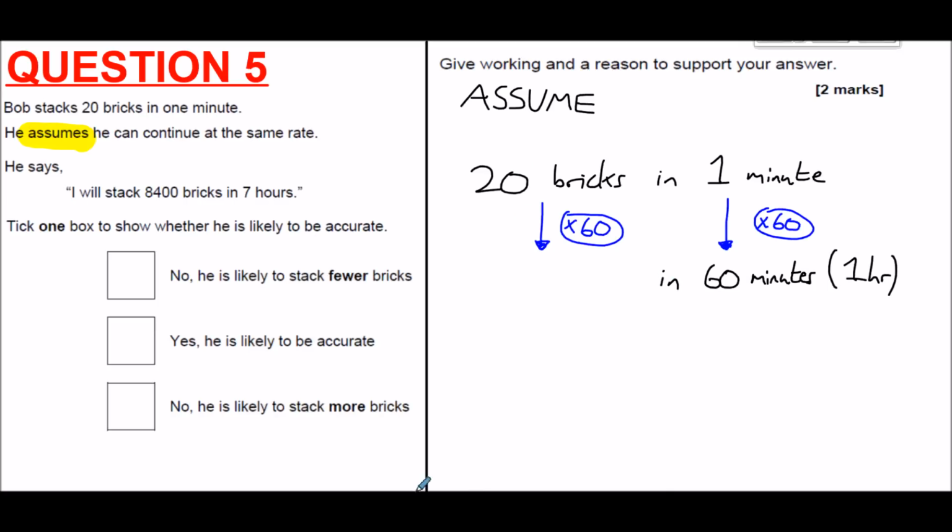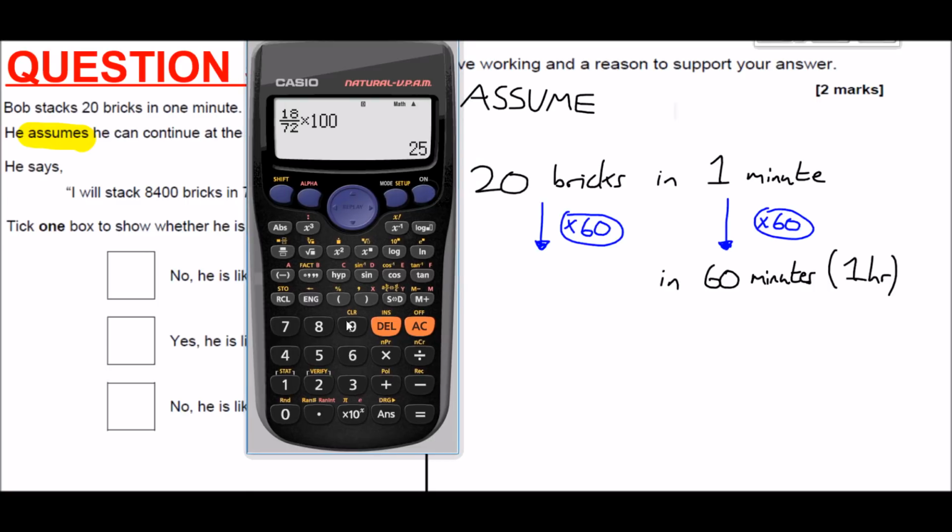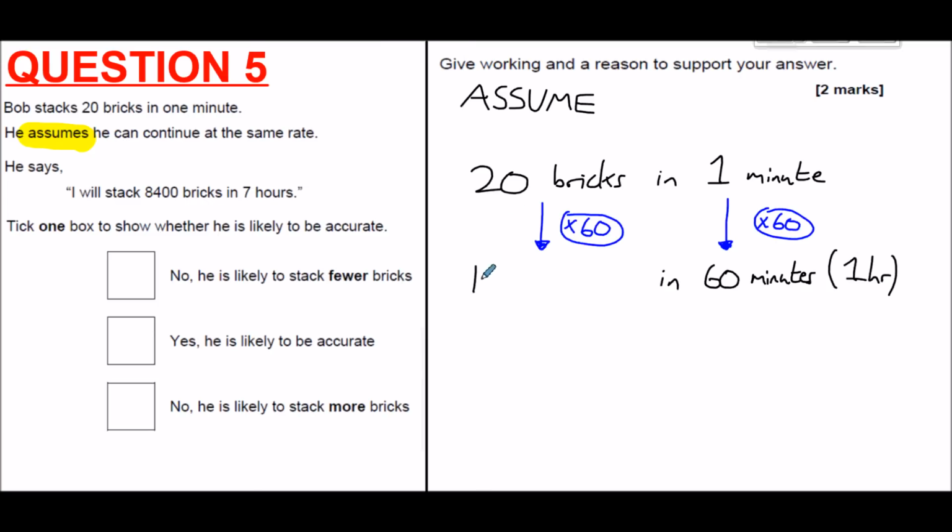So 20 times 60, let's see how many bricks he could stack in an hour, assuming he's right. 20 times 60 equals 1,200. So that's 1,200 bricks in 60 minutes, in 1 hour.